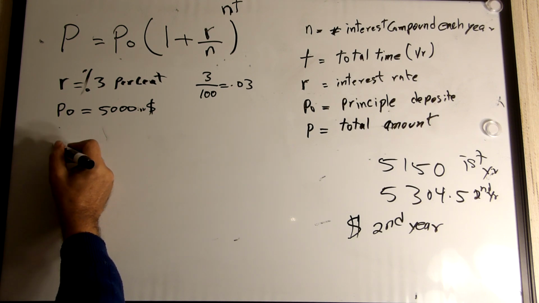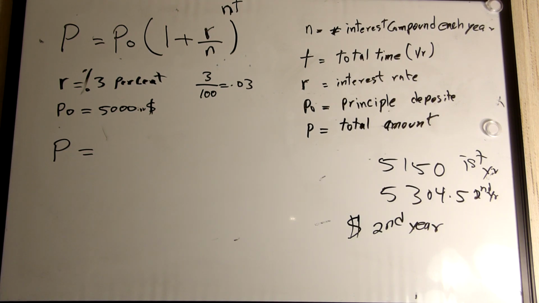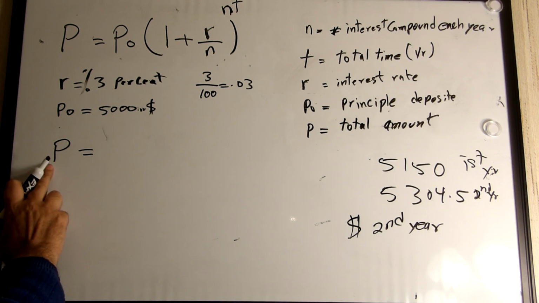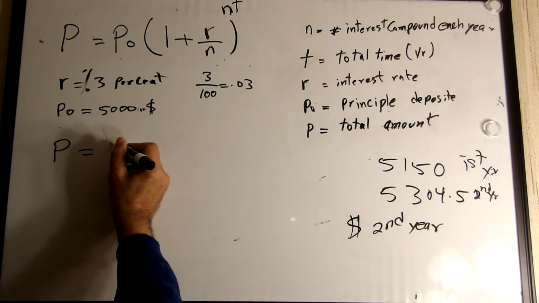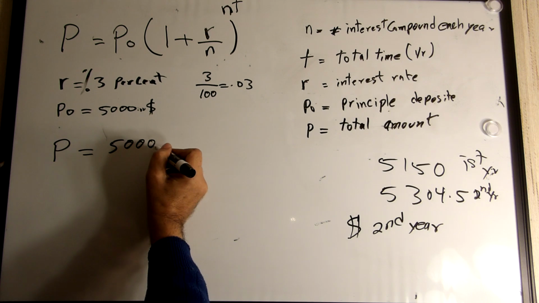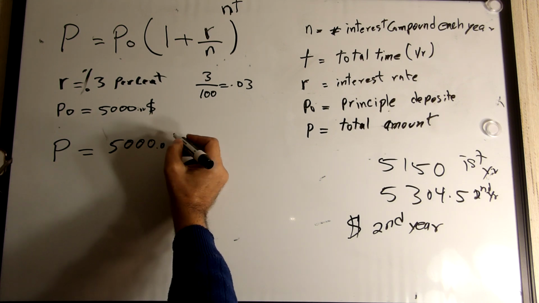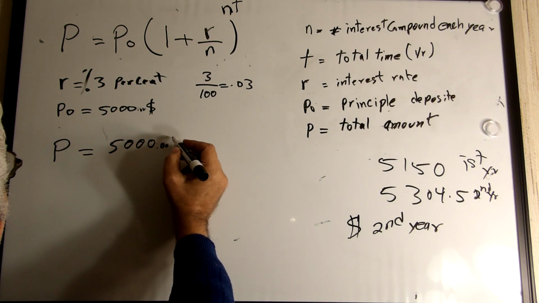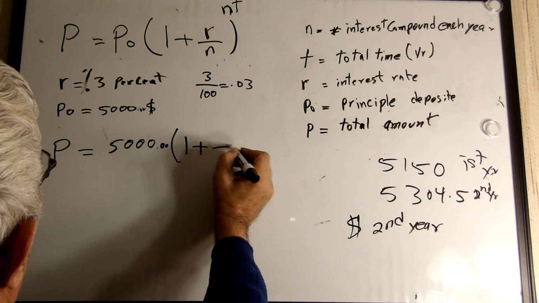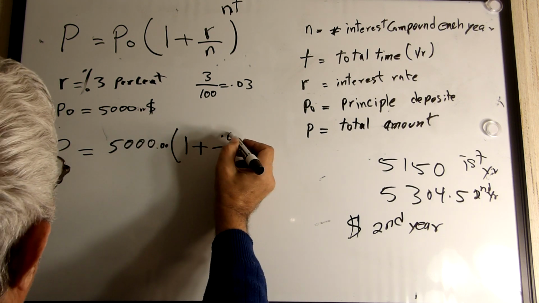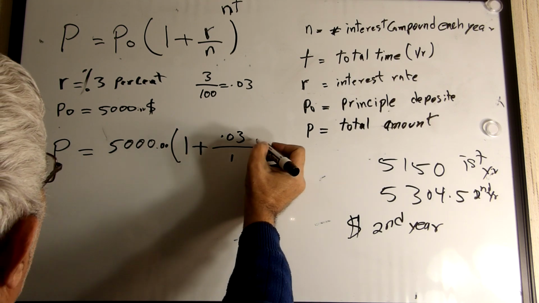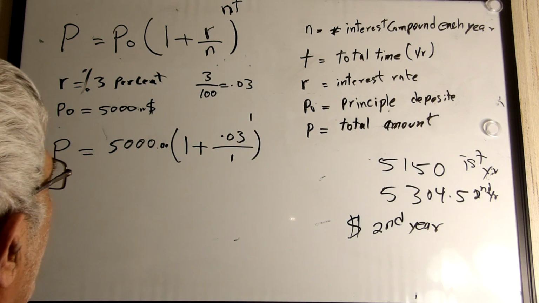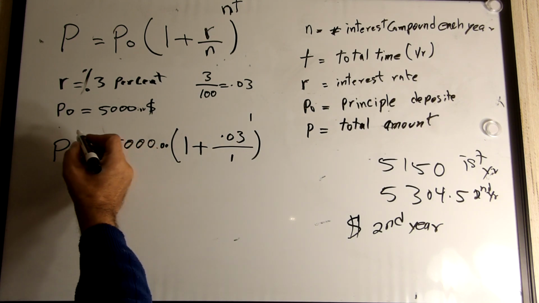This is the total amount of money that you are gonna have at the end of the first year, and this is the principal amount you put in the bank, and then 1 plus r, where r is 3%. You put 0.03 divided by n. n is equal to 1. n is, we are talking about yearly.